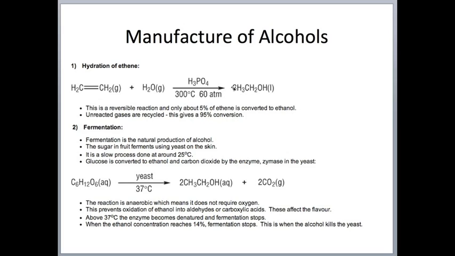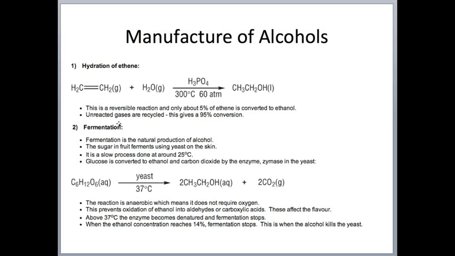This is a reversible reaction because only about 5% of ethene is actually converted into ethanol. So in order to get a 95% conversion rate, the unreacted gases will be recycled back into the mixture.